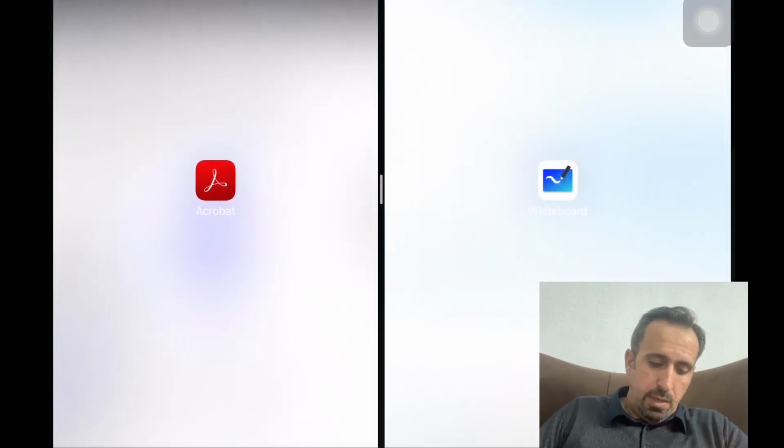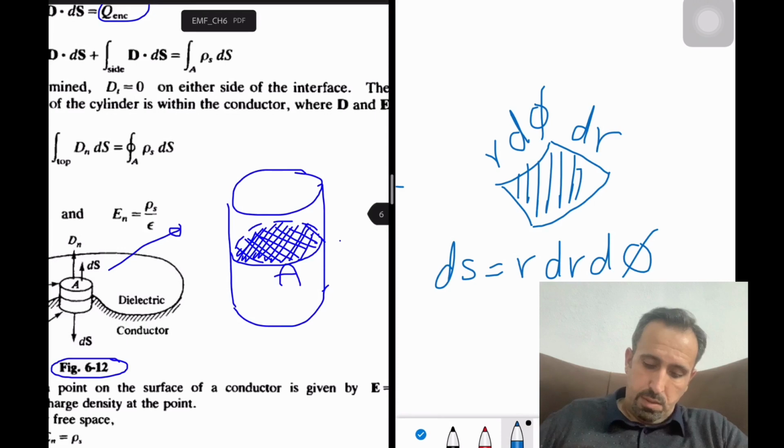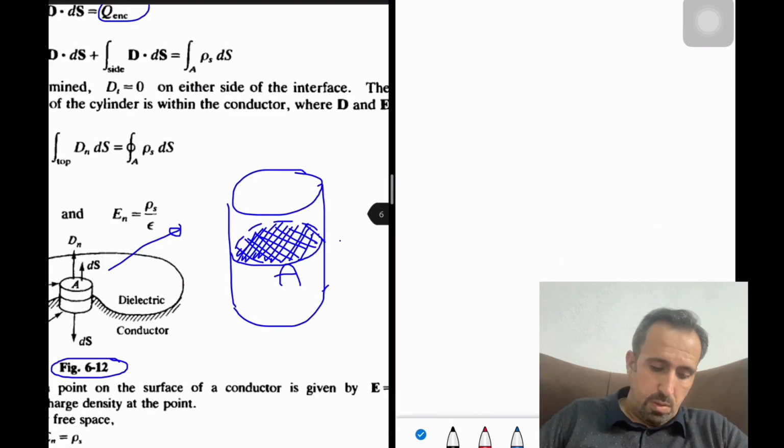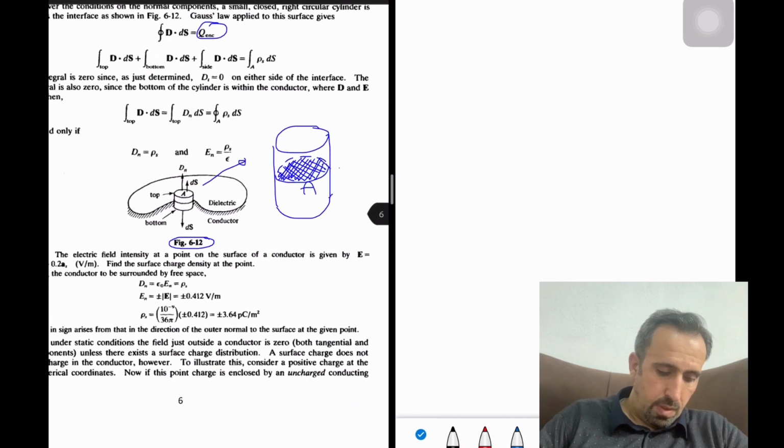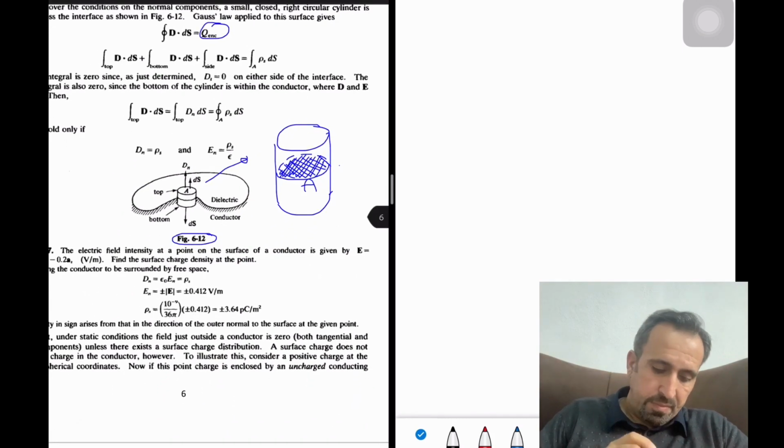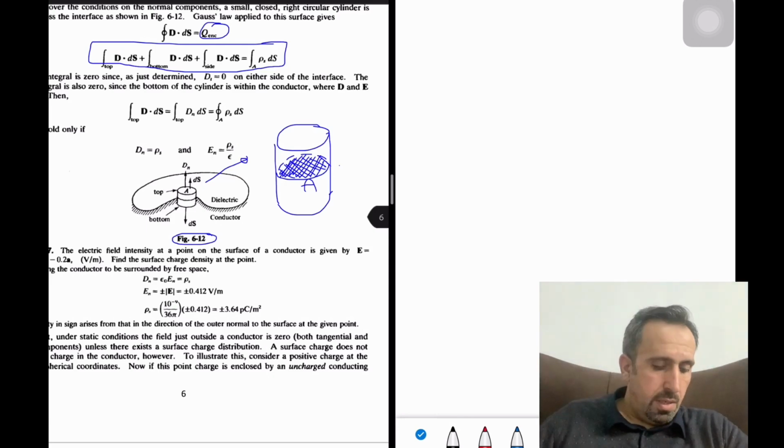So may I use the whiteboard also here, it is more suitable. Now this is the application of Gauss law, and you have three parts. The integration will be divided into three parts for top and bottom and side.